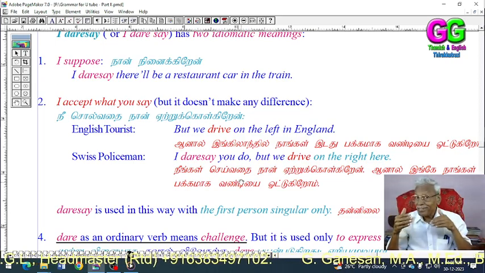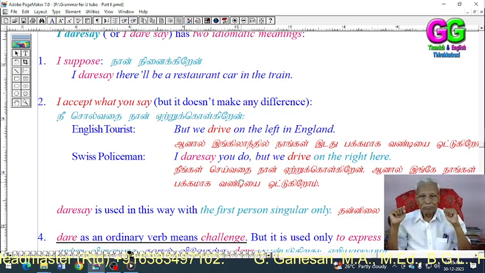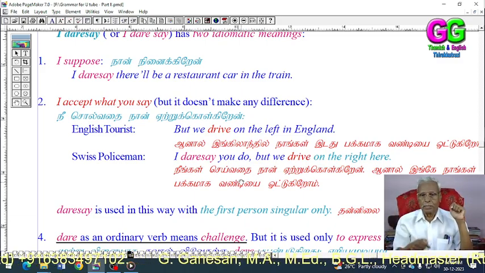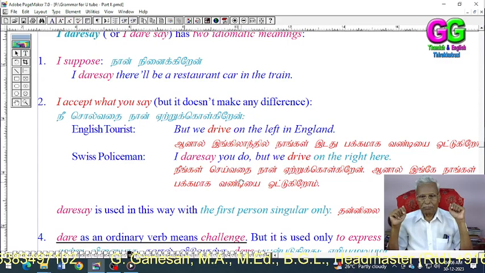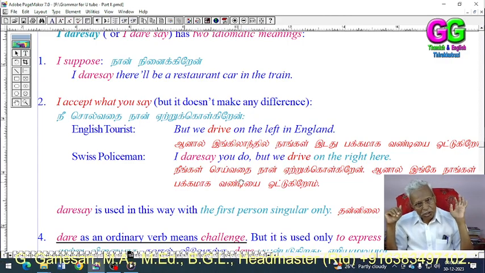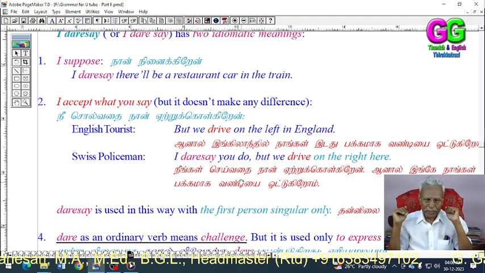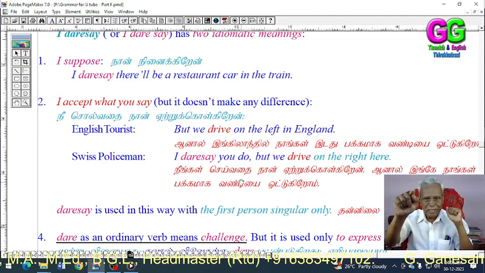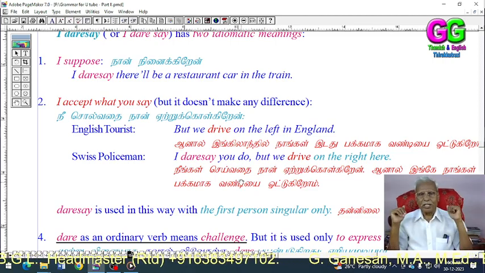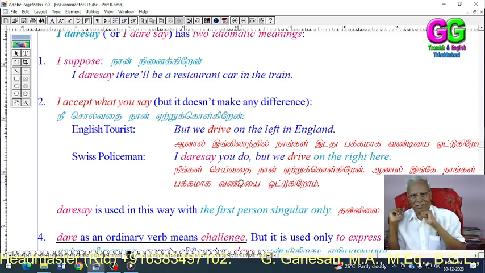But in Switzerland, we drive on the right.